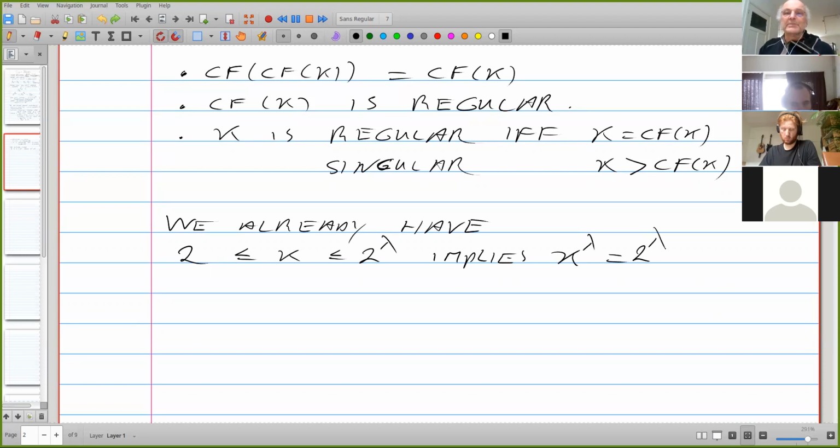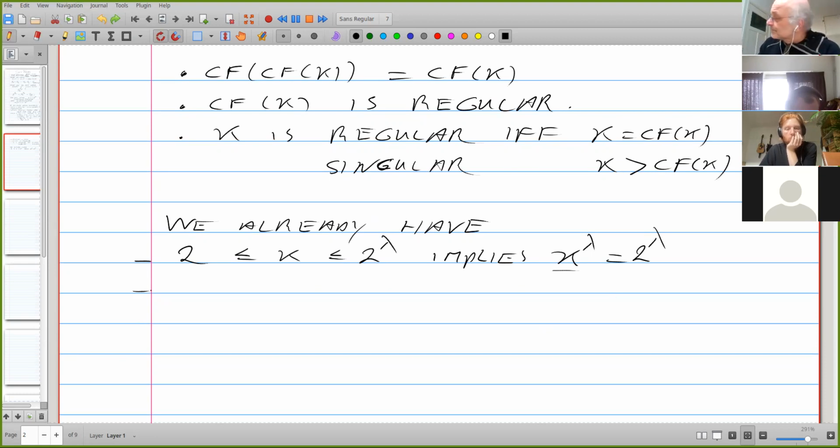What does that mean? Well, it means that in certain cases, we can reduce the cardinal exponentiation to the calculation of 2 to the lambda. It doesn't really say that we know exactly which Aleph kappa to the lambda is. It just tells us you need to find out what 2 to the lambda is, which Aleph that one is. So if kappa is, relatively speaking, not too big with respect to lambda, we only need to look at 2 to the lambda.